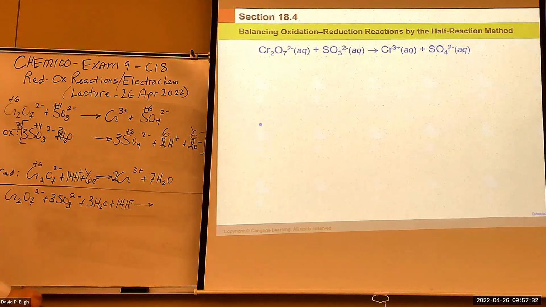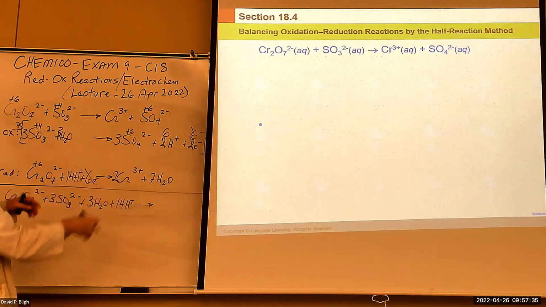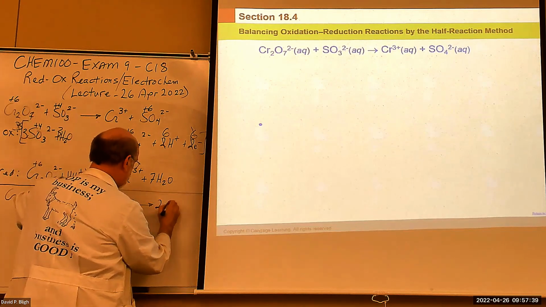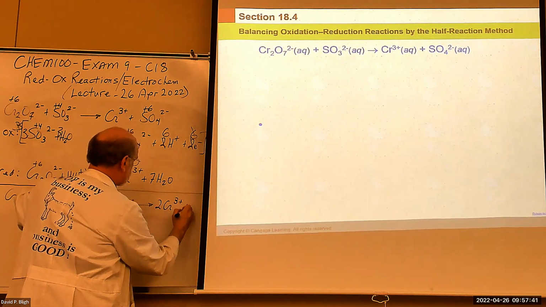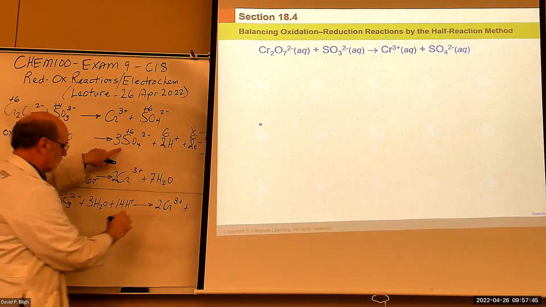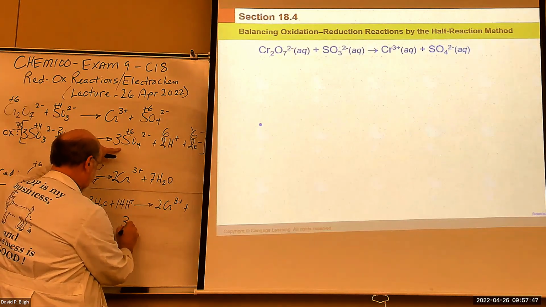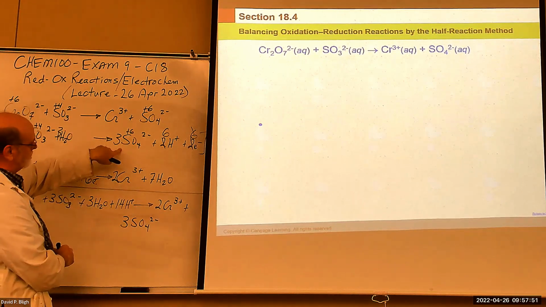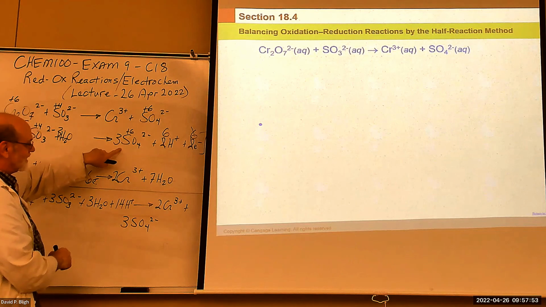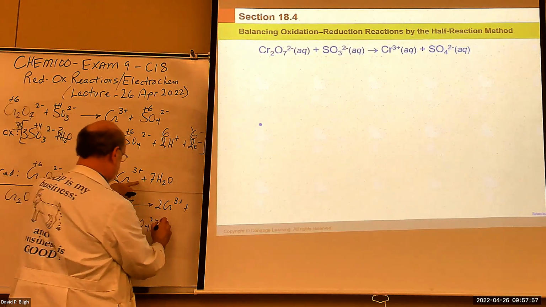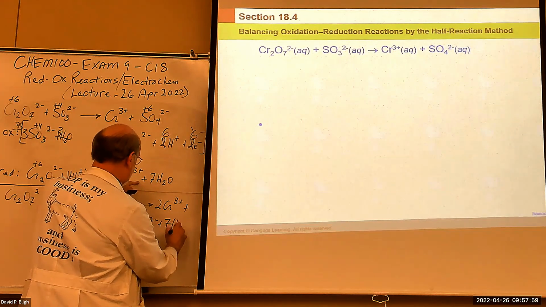We don't need them. On this side, we're going to start with the 2 chromiums, 3 plus. Then we're going to have sulfate. I'm going to have to move down here. 3 sulfates there. Okay. Then what do we have left over? Well, let's see. Let's put the water next. 7 water.